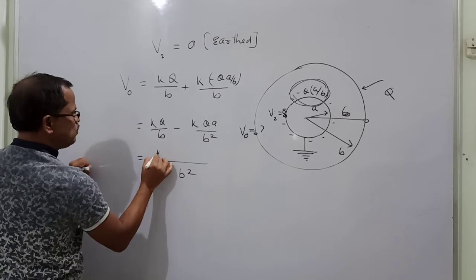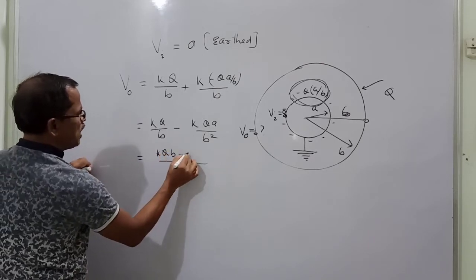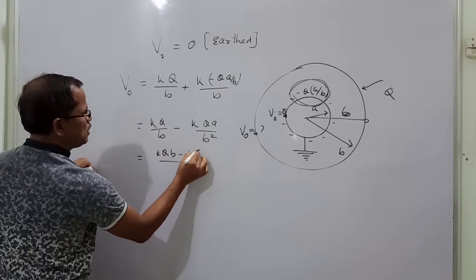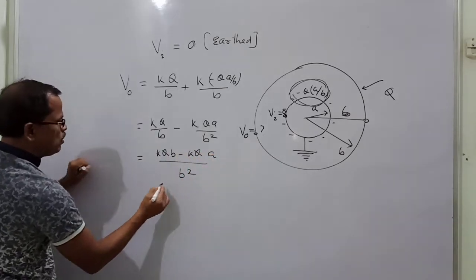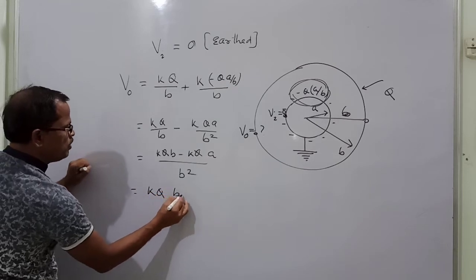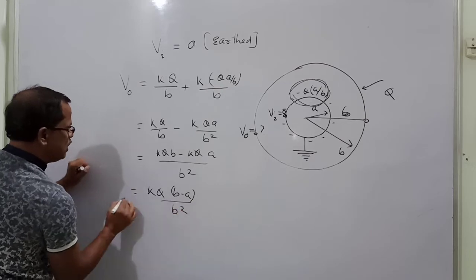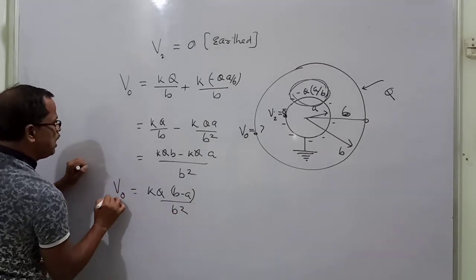That is equal to K Q B minus K Q A, so it is equal to K Q common, (B minus A) divided by B square, which is the potential of the outer surface.